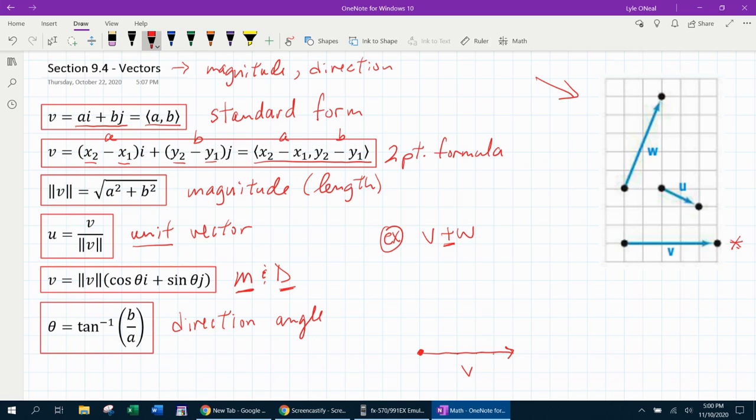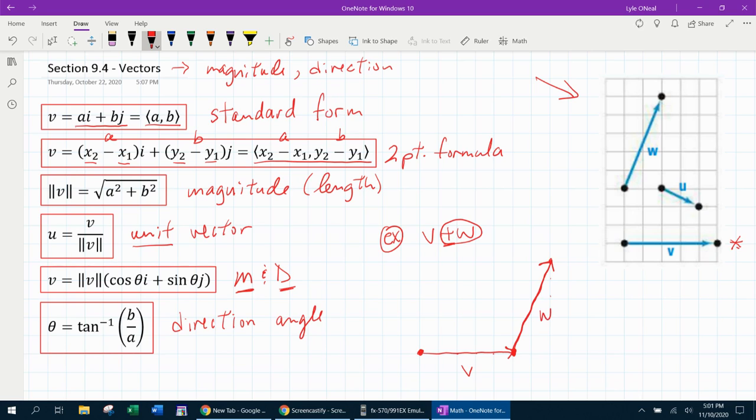Now to add vector w using the tip to tail method, we're going to start at the tip of v and attach the tail of w. Now w is a vector that goes over 2, up 5. So from the tip of v, we're going to go over 2 and up 1, 2, 3, 4, 5, and that'll give us the tip of w.